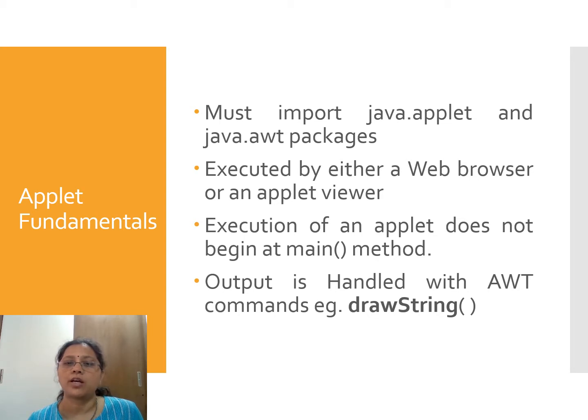AWT is Abstract Window Toolkit. So when we want to use an applet, these two are important packages. The applet class is contained in the java.applet package. Applet contains several methods that give you detailed control over the execution of your applet.